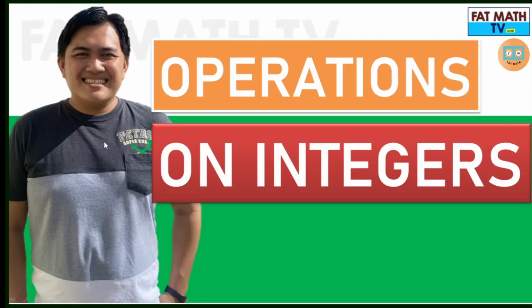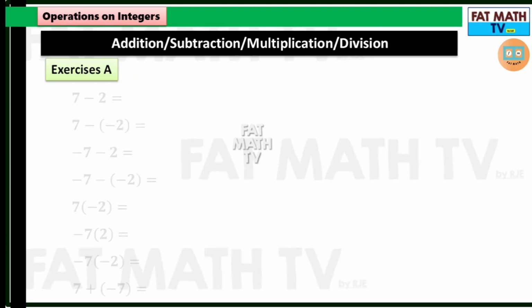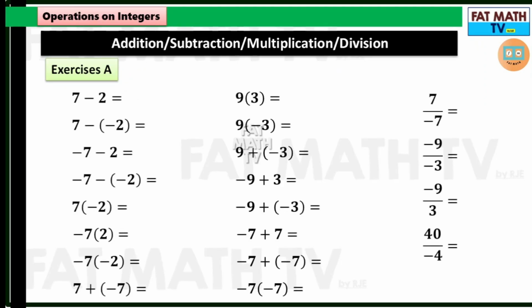Okay, let's have a mix of these 4 operations for the exercises. So this is really a test if you know your operations on integers. I hope many can get perfect on this set of exercises after watching the videos of individual operations. Okay, so we have here 20 items, 7 minus 2, and so on.